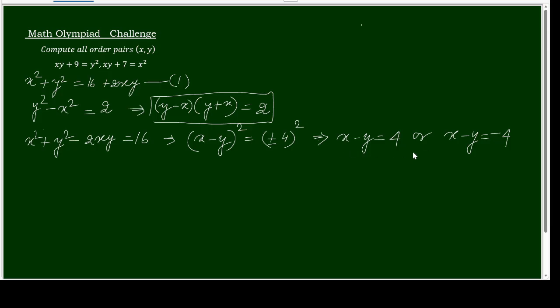So here I am changing this y − x into x + y, which equals negative 2 when I put x − y as 4. Then x + y equals −2 divided by 4, this will be minus half.